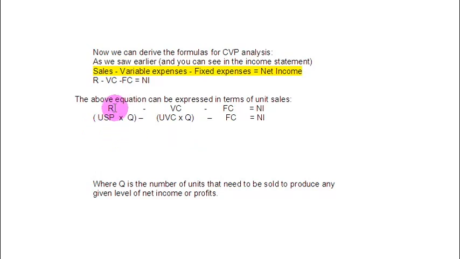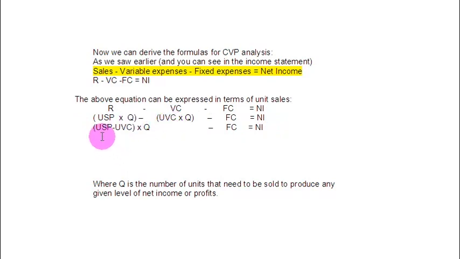So as we saw earlier, revenue is simply unit selling price times quantity sold. Total variable cost is simply per unit variable cost times quantity sold. So we're going to replace R with this phrase and variable cost with that phrase, and we've still got the same basic statement of net income. Now, I've just done a little bit of algebra, and I've restated these two terms.